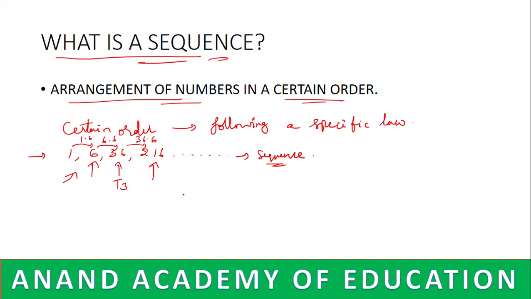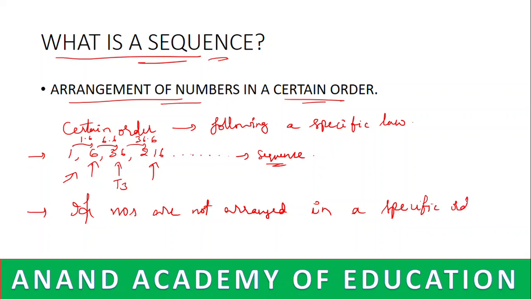So what would not be a sequence? Numbers arranged in an uncertain order, meaning there is no specific order for such numbers. If numbers are not arranged in a specific order, then it would not be a sequence.